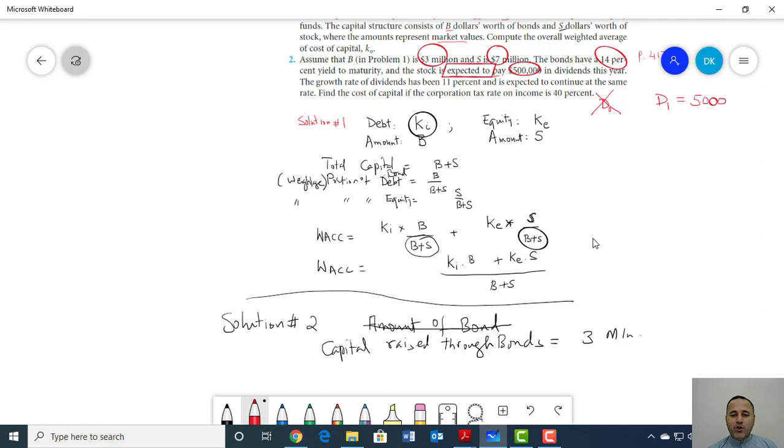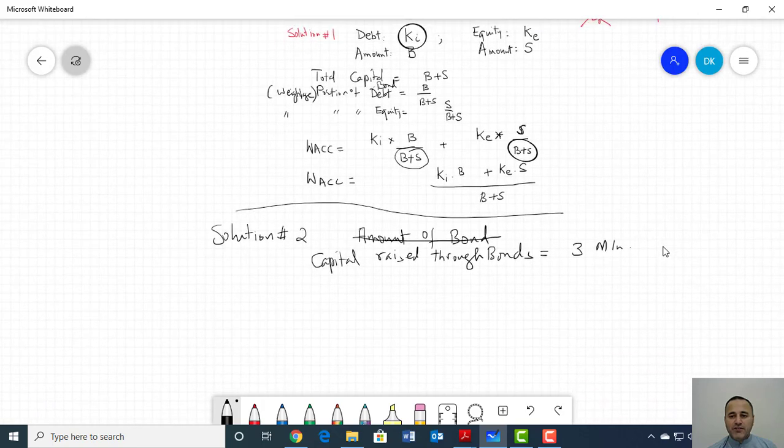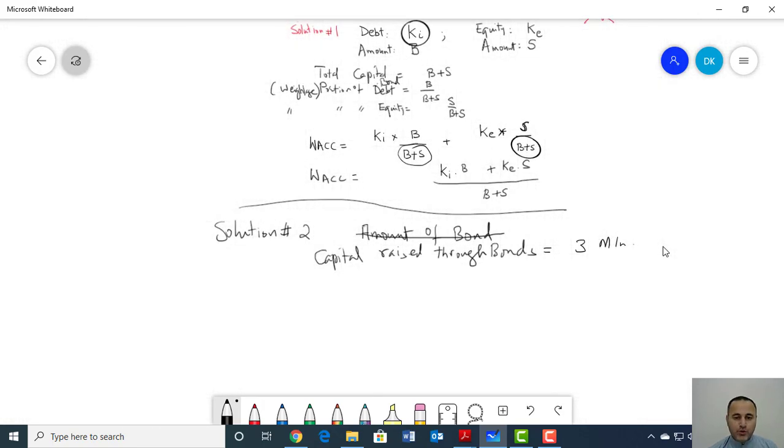Since I have all the numbers with me right now, I can calculate the cost of debt and the cost of equity. So the cost of debt, or what we can call bond as well, we have to consider the tax benefit of it as well.